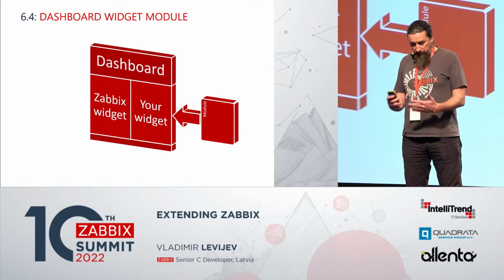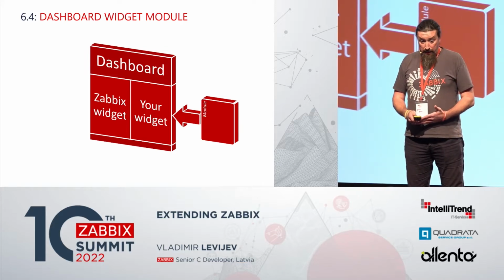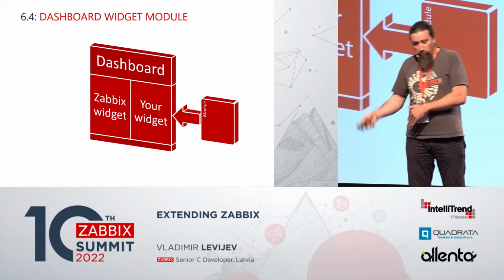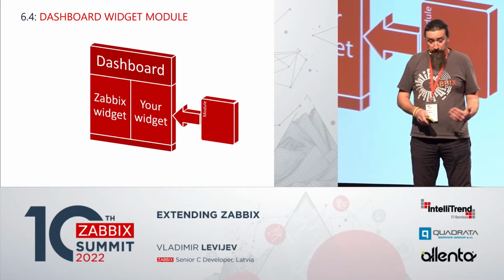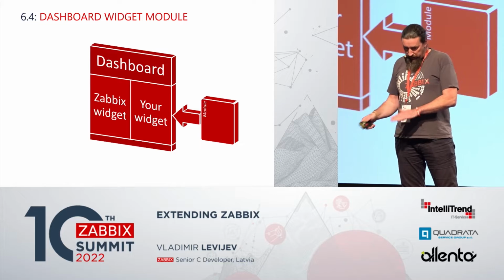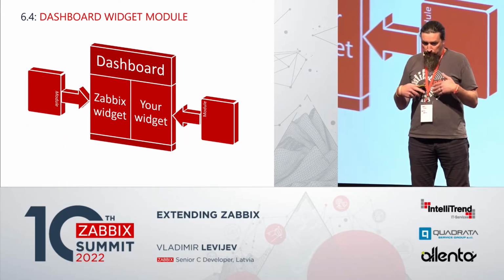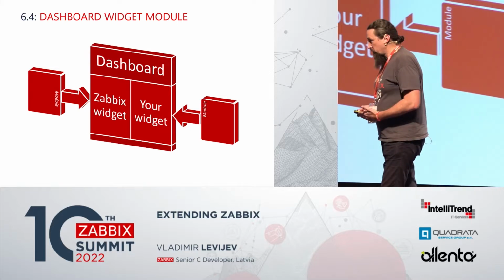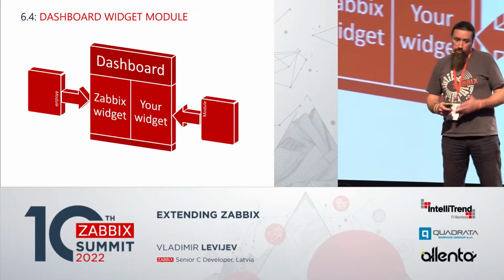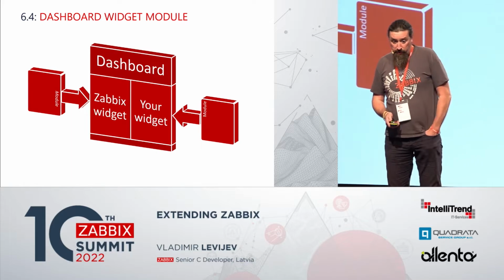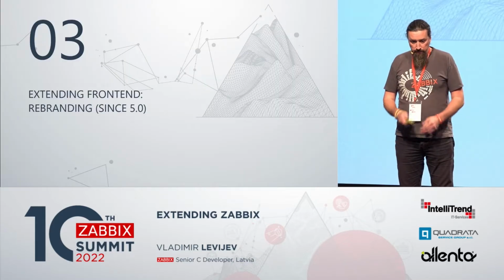The widget will be controlled by the module. And actually all Zabbix widgets that are currently there are also to be transferred to modules. So that's what's happening right now, what Carl said, and we hope this will be available as soon as possible.